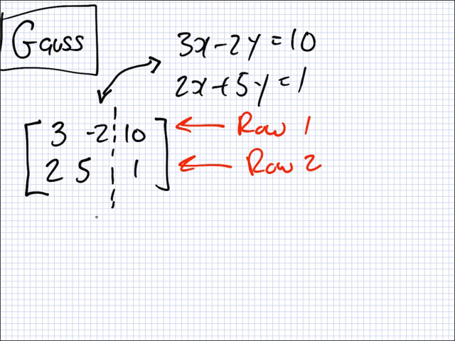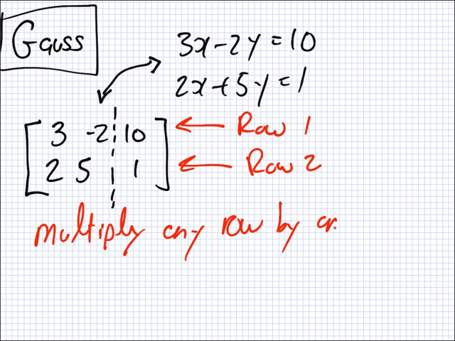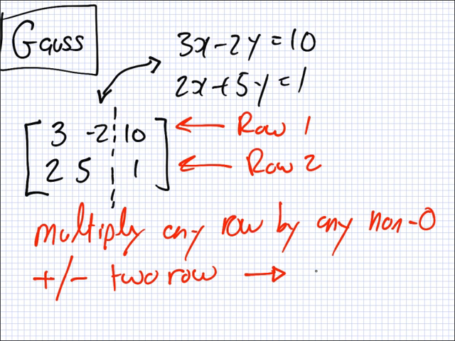So you're allowed to multiply any row by any non-zero number. So you can multiply this by 2 or 4 or whatever. Okay? You're also allowed to add or subtract 2 rows, and then you can put the answer on either row.